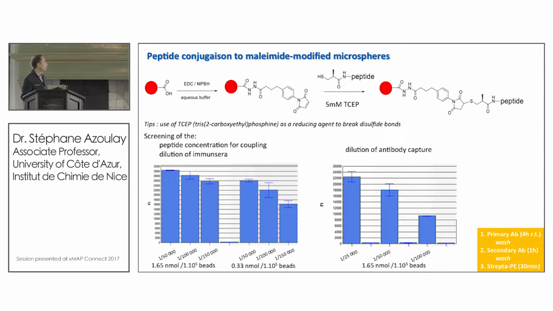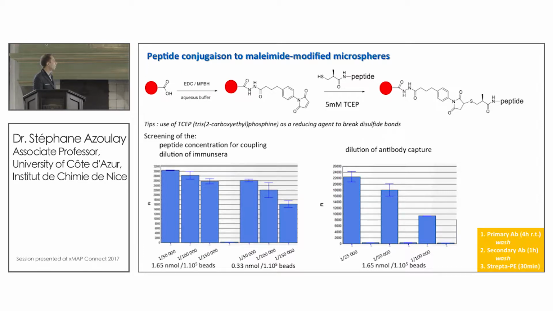When we coupled the bead, an important thing that I would like to underline today, which is not mentioned in the cookbook, is that we have to add a reducing agent to be sure that all the disulfide bonds were broken and the coupling was efficient. Before systematically using this reducing agent during the coupling, we were faced with non-reproducible bead coupling.